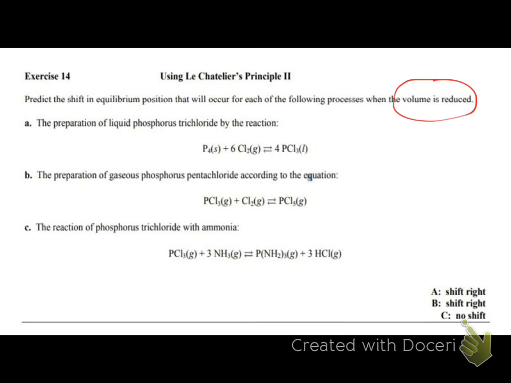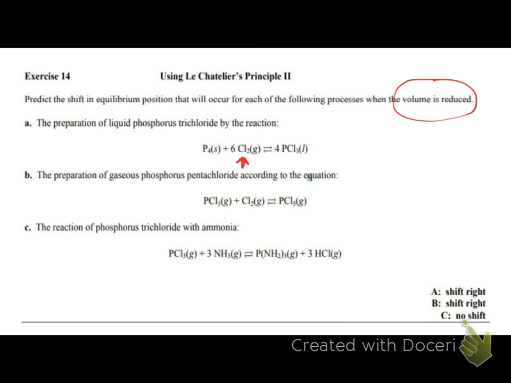Increasing pressure. So if I'm increasing pressure, there's less moles. Yeah, good. Or in this case, it would be increasing concentration, since we don't have moles. If I decrease my volume, basically I'm going to be increasing my concentration because now I have more particles in a smaller volume. Right? Does that make sense?